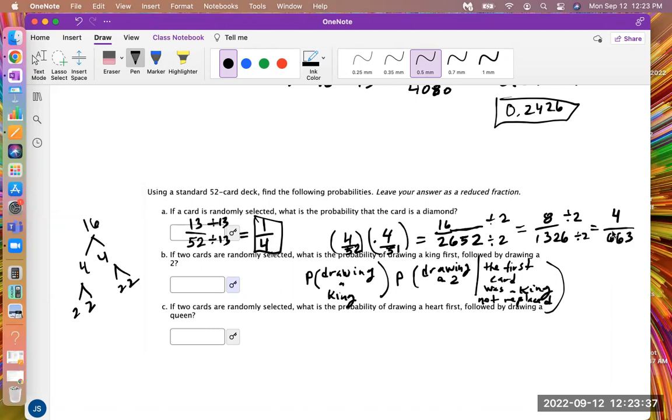So 2 does not go into 663 equally. Technically the other number that could go into the numerator is 4, but if a number is not divisible by 2, then it's definitely not divisible by 4, because 4 has just twice as many 2s. So the answer we want here is 4 out of 663.